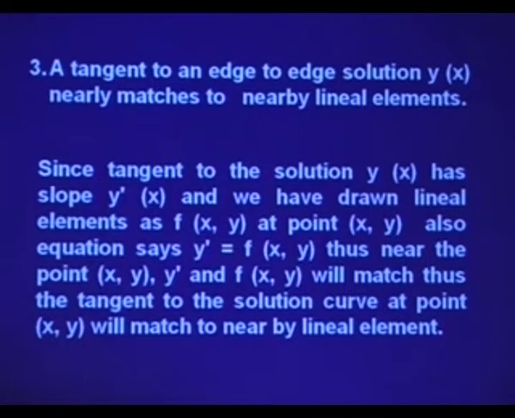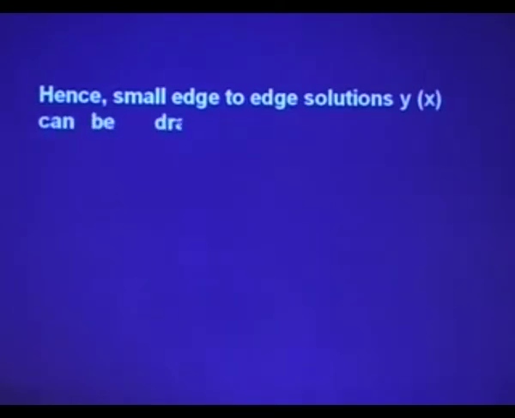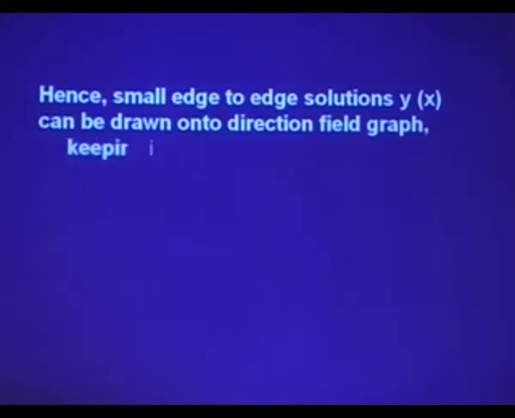If it is matching over there, keeping these facts in mind, we are now ready to draw the solution, edge by edge, going point by point. So, we can draw small solutions y(x) on this direction field, keeping in mind two facts.